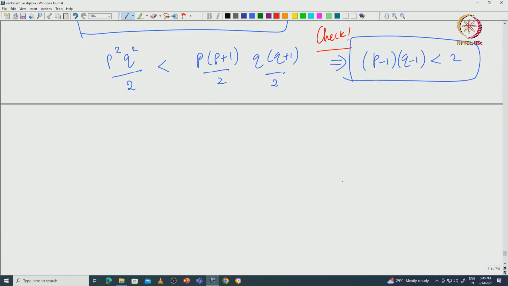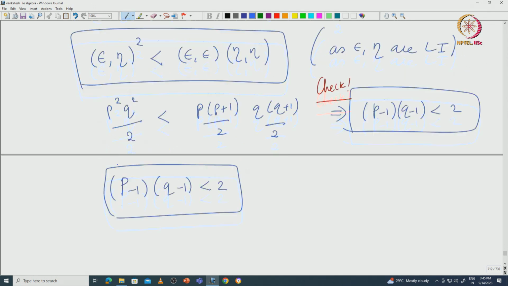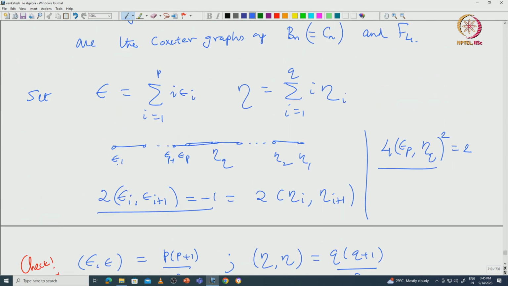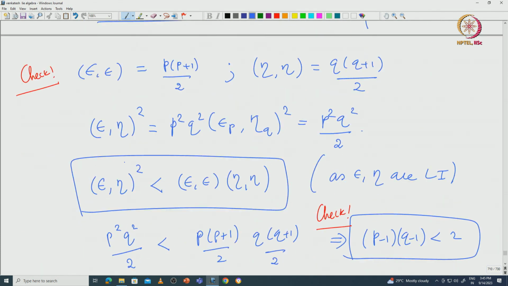Now from the inequality p minus 1 times q minus 1 is less than 2, where p and q are integers, we have assumed p and q are greater than or equal to 1.